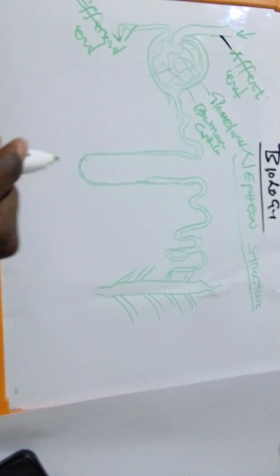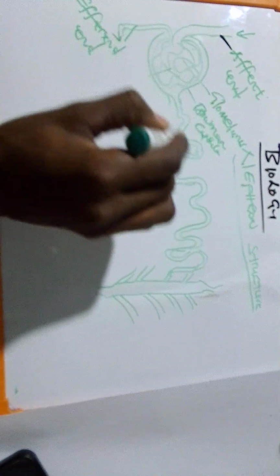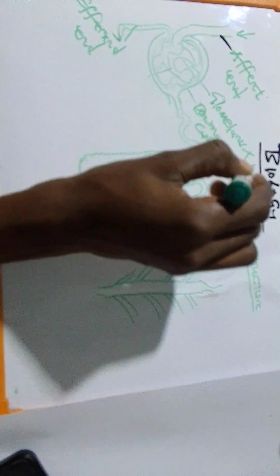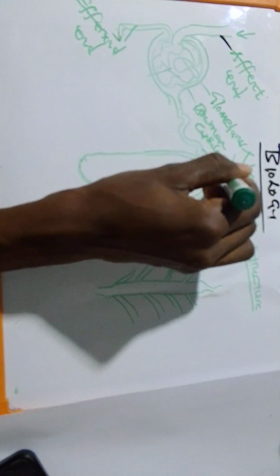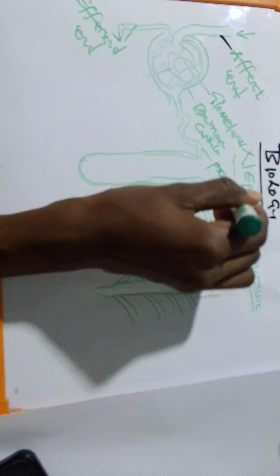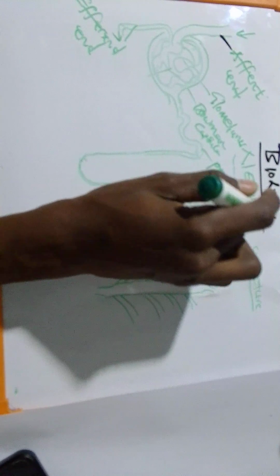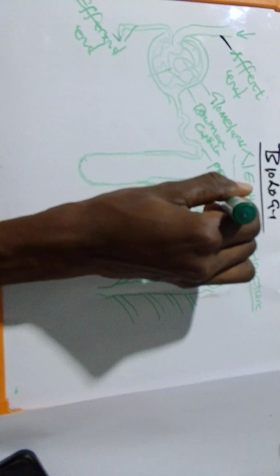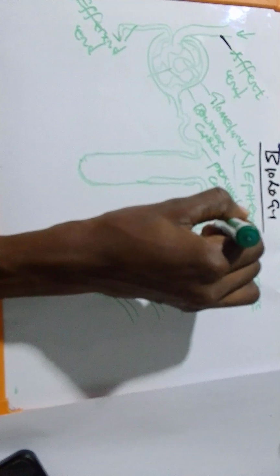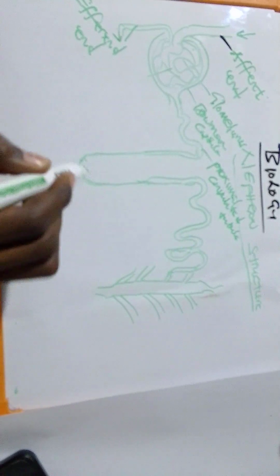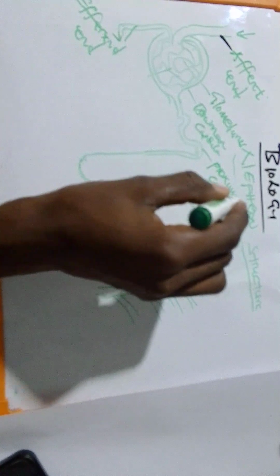Immediately after the Bowman capsule, we have the proximal convoluted tubule. Proximal means it is coming immediately from the Bowman's capsule.